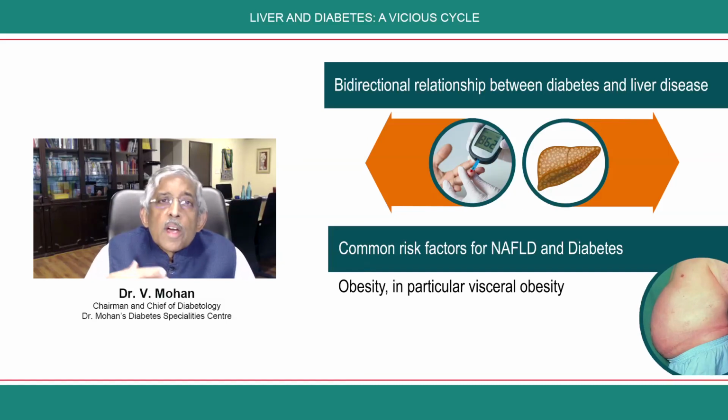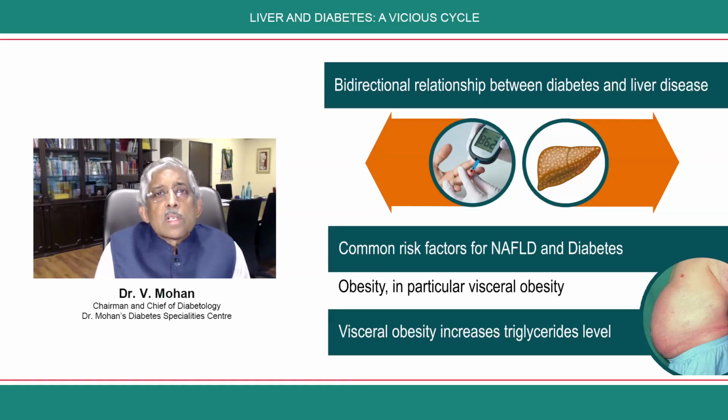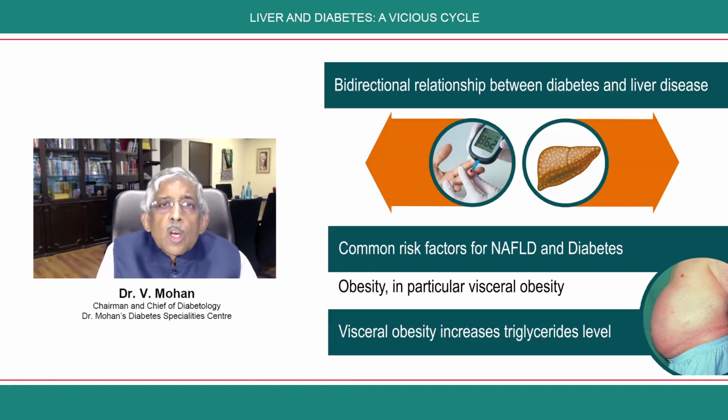And if you have visceral obesity, that is something which can lead to both diabetes as well as to non-alcoholic fatty liver disease. Now, what happens is that when you have excess obesity, especially visceral obesity, your triglyceride levels go up very much. Now, that gets deposited in the liver quite easily because the fat can easily accumulate within the liver.